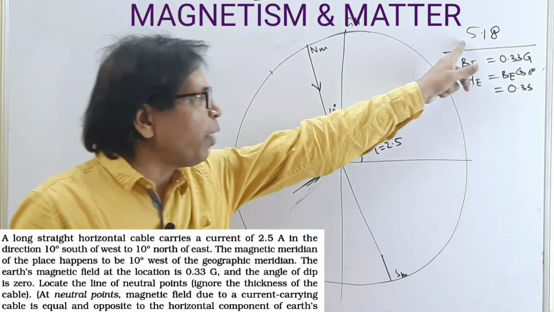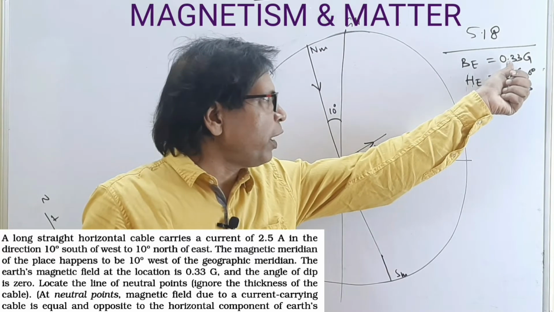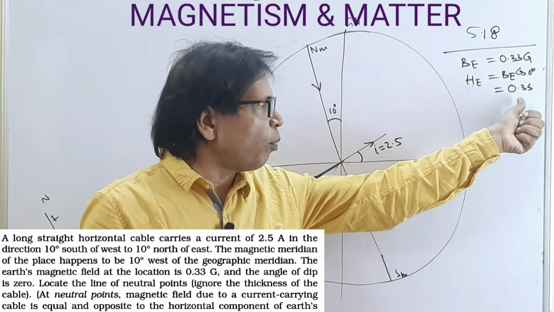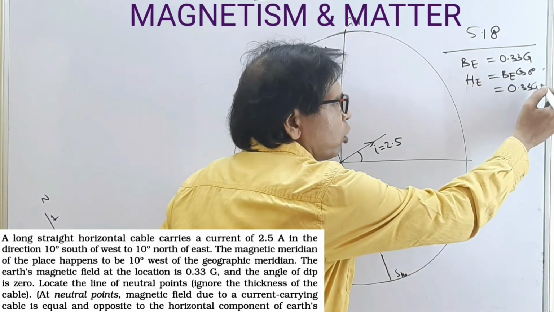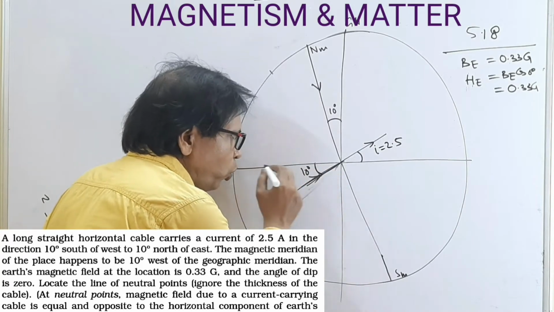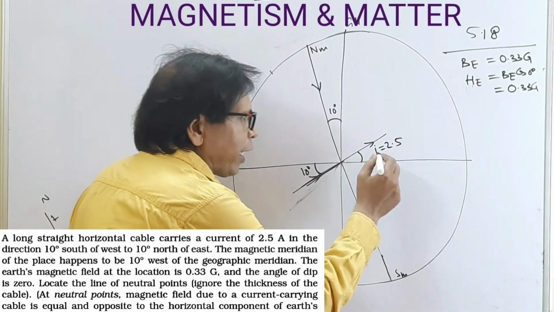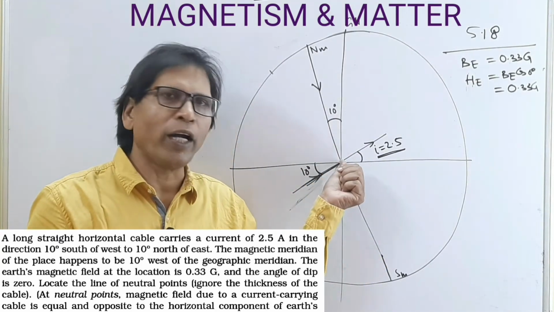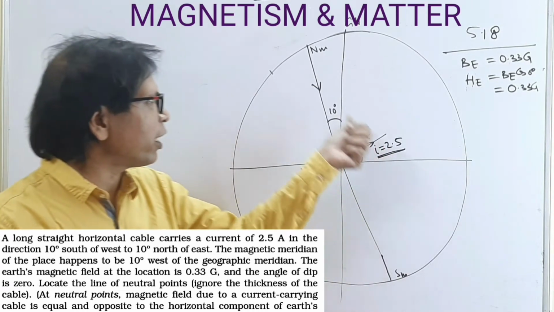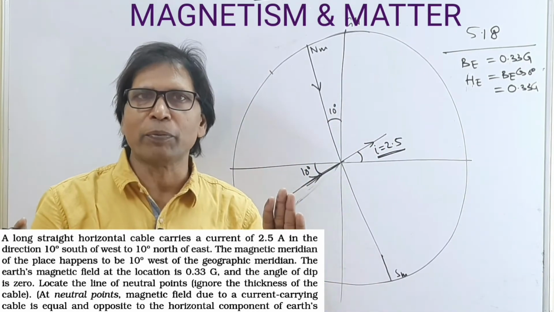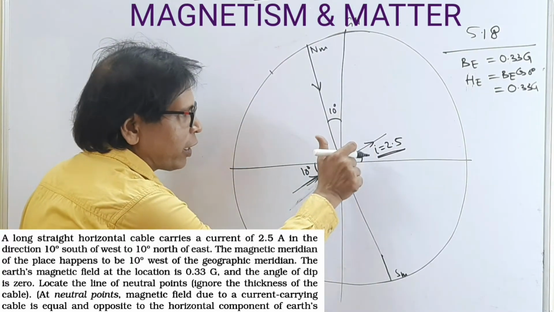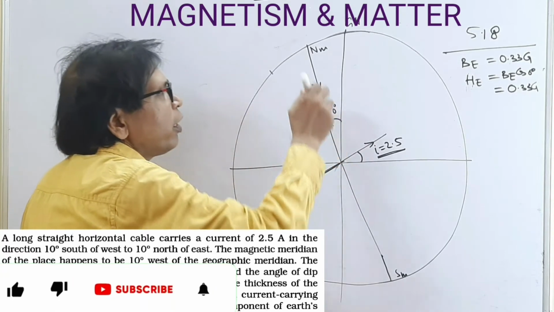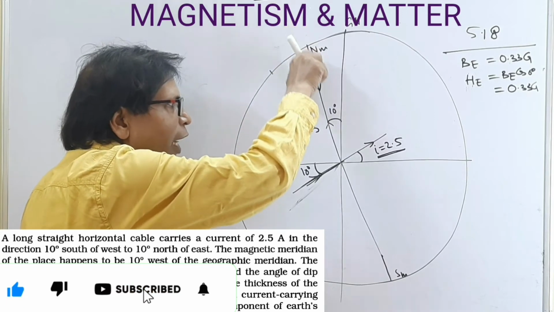Next, now 5.18, the earth's magnetic field is 0.33 Gauss, the angle of inclination is 0, so the horizontal component is equal to 0.33 Gauss. This is a cable which makes an angle of 10 degrees with this line, carries a current of 2.5 ampere. Now find the distance from this point where the magnetic field due to this current is equal to the horizontal component of the earth's magnetic field. As current flows in this direction, the field is directed along this direction, so here B is along this direction, and the magnetic field due to earth along this direction.